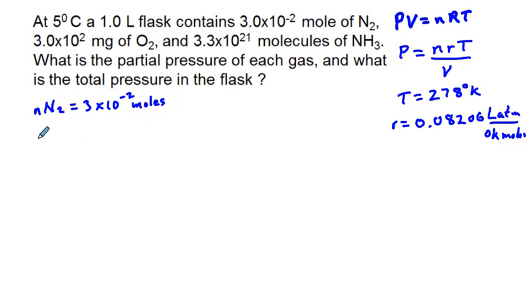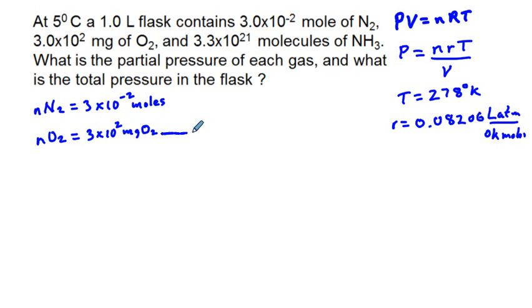And for the amount of our oxygen, we're given a starting value of 3 times 10 to the 2 power, which is 300 milligrams of O2.